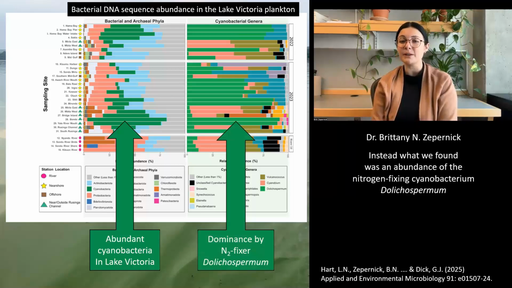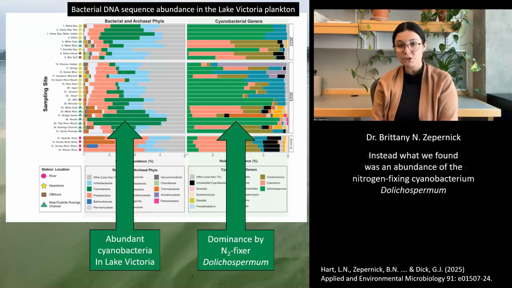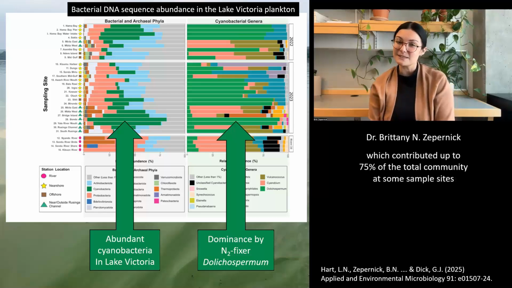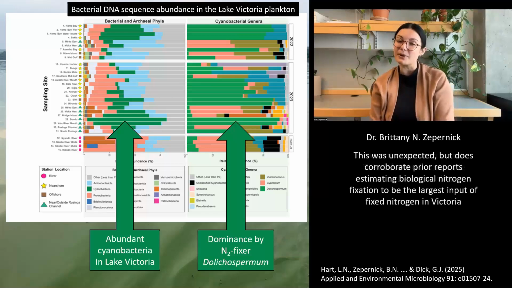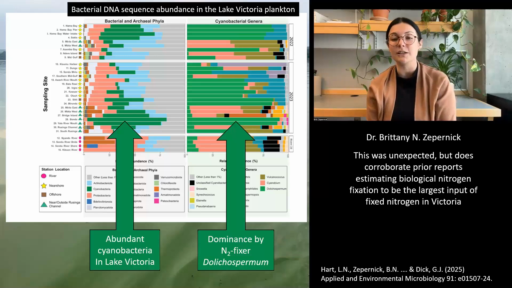Instead, what we found was an abundance of the nitrogen-fixing cyanobacterium Dolichospermum, which contributed up to 75% of the total community at some sample sites. This was unexpected, but does corroborate prior reports estimating biological nitrogen fixation to be the largest input of fixed nitrogen in Victoria.